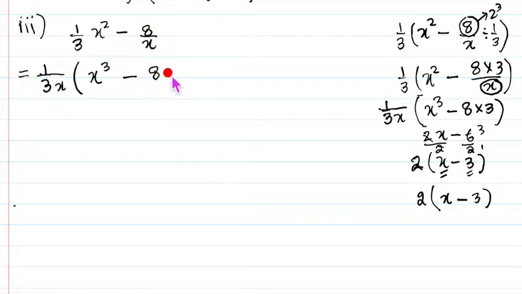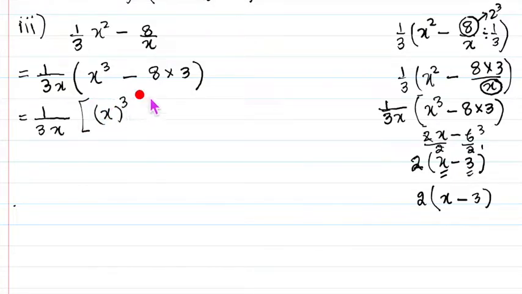So you will have 8 into 3, and you will divide by 1 upon x. So this 1 upon x into x upon 1, x and x gets cancelled. Okay, now this is a little annoying still. I know that this is the cube of x. I know that 8 is 2 cube.